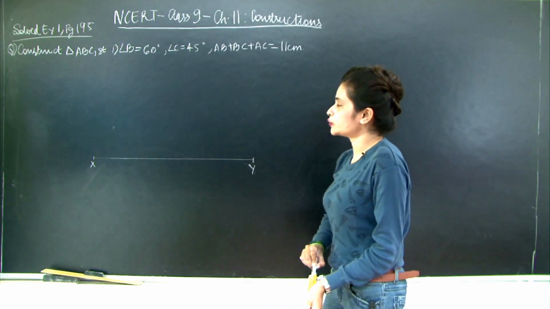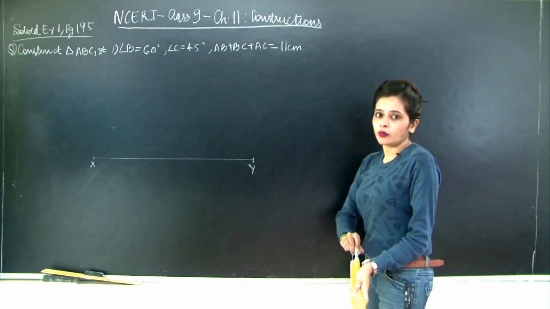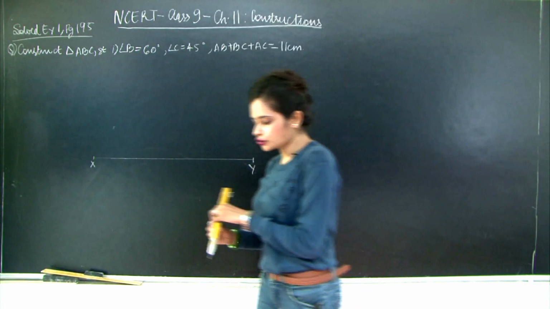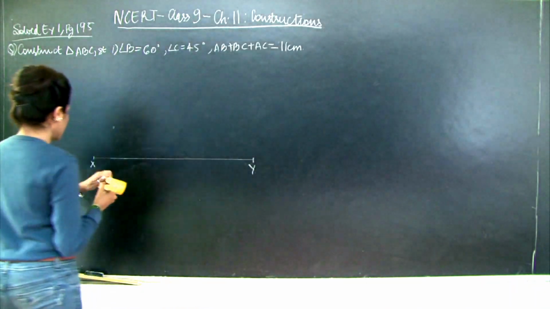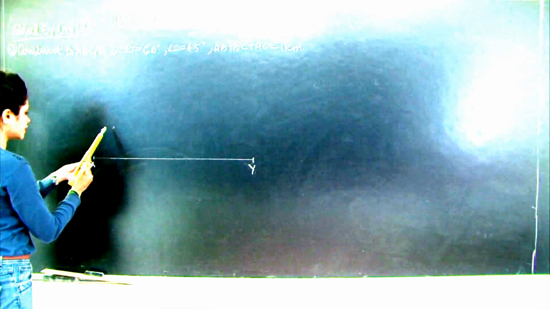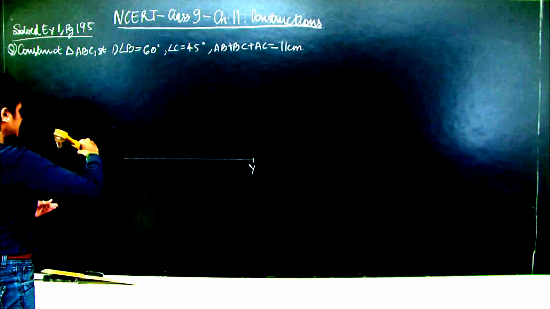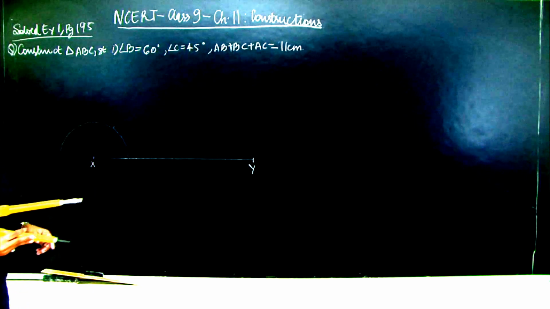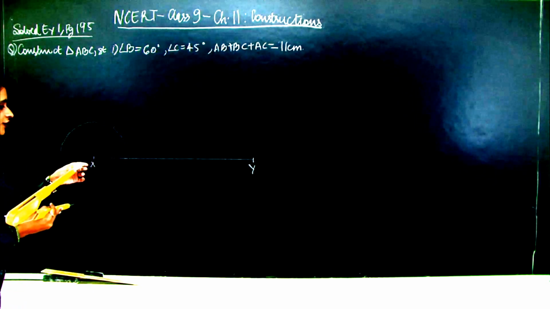Now what we are going to do is we are going to draw one angle as 60 degrees. So I am going to draw 60 degrees over here. How do we draw 60 degrees? We have seen this construction earlier. I am going to take an arc of any length and with X as my center I am going to draw an arc over here.